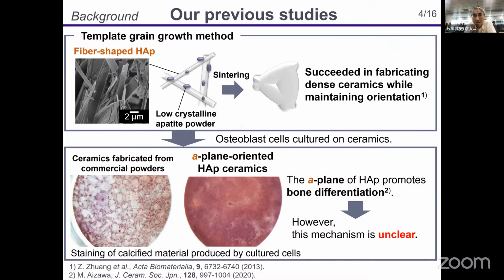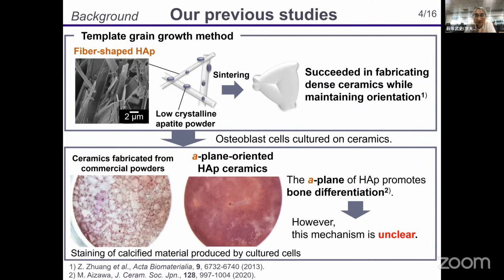I would like to know about the repeatability of your experiment. How many samples were subjected to the protein absorption test?